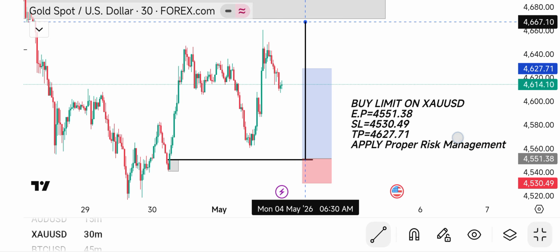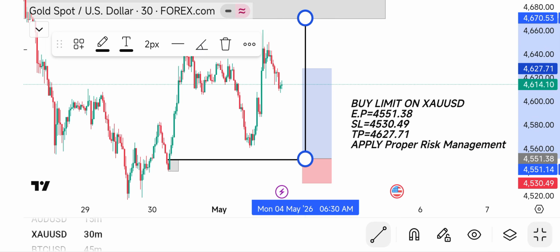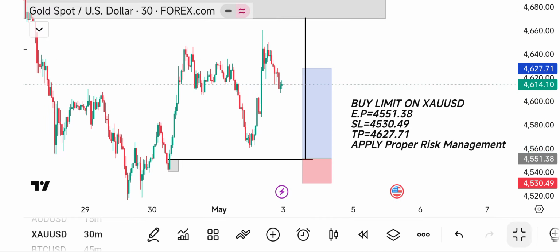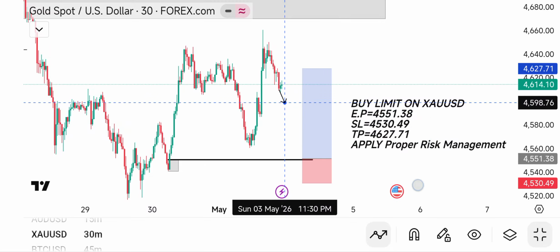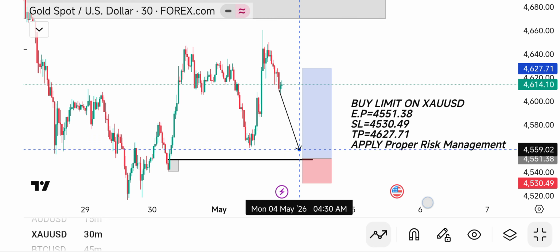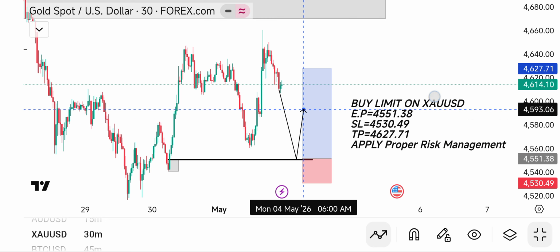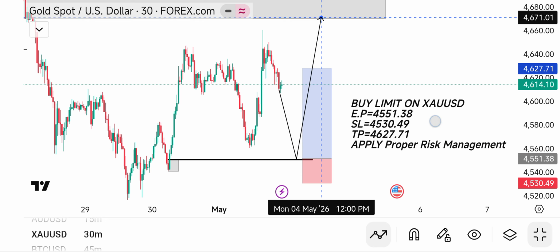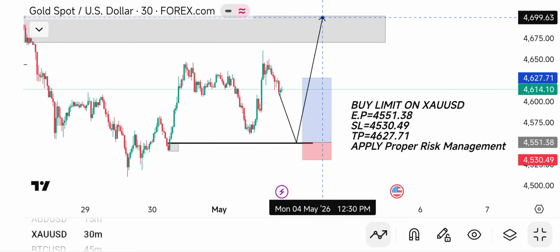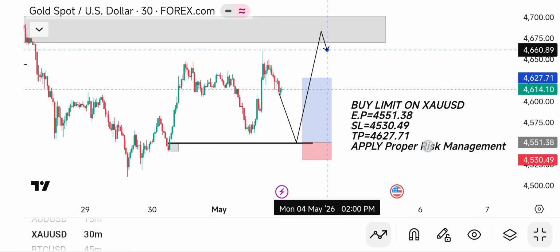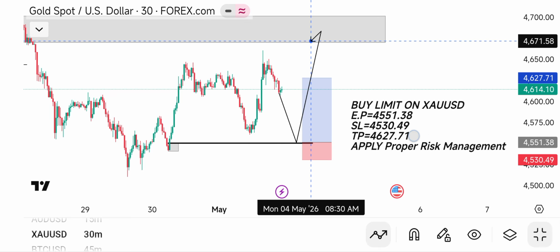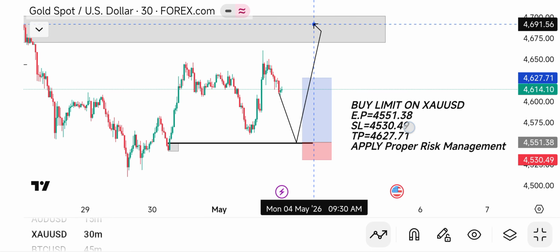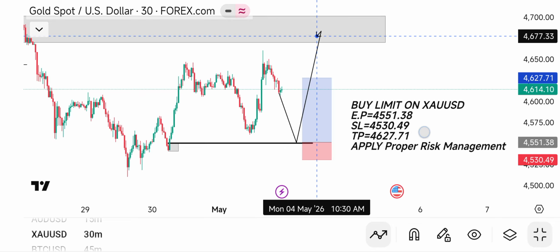We are expecting price to come down, sweep this last liquidity, mitigate this other block, buy from there. When price gets to this level, then we'll look for sales opportunity inside this place. You understand? So we look for selling opportunity from this place.